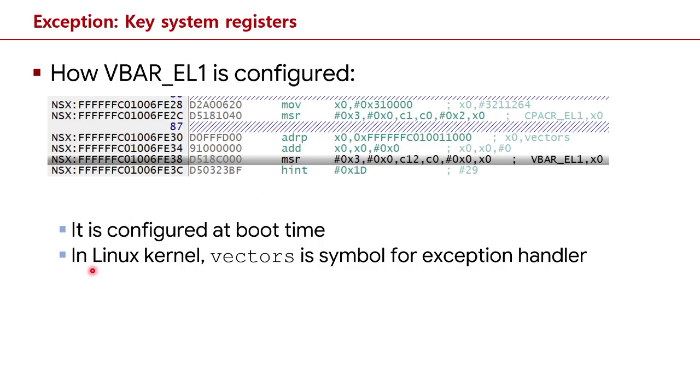In the Linux kernel, vectors is a symbol for the exception handler. For this reason, the address of this vectors label is written to the VBAR_EL1 register. This routine is identified in the static code of the Linux kernel.